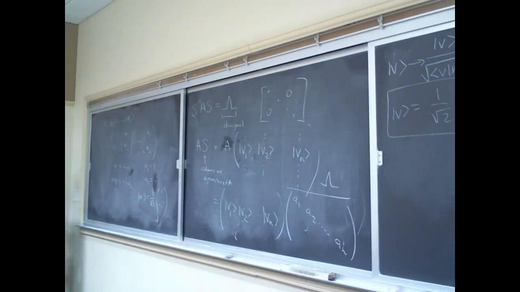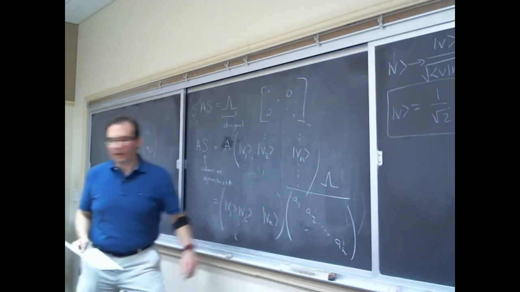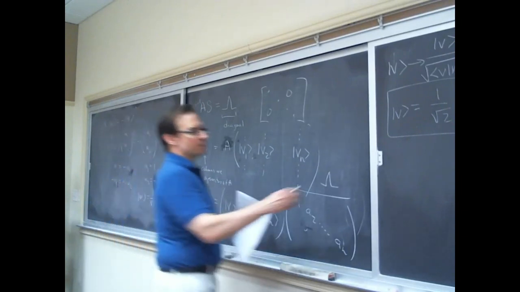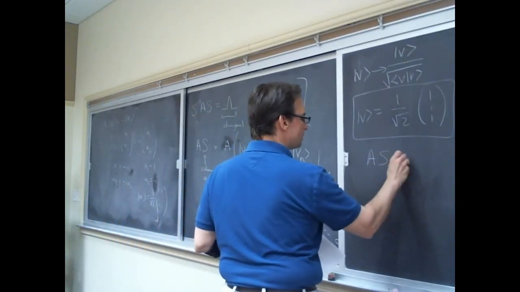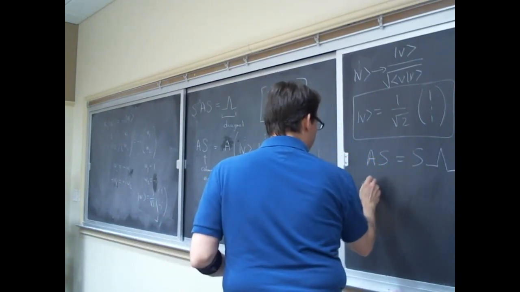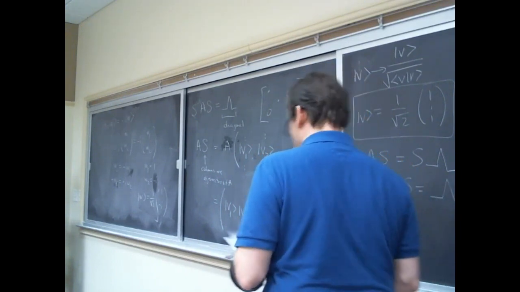So the eigenvalue, the feature that there are vectors in the space that when acted on by the operator simply return a number times the vector, allows you to find the matrix that, this is S, that returns a diagonal matrix when it acts upon A. All right, and so we found it: A S equals S lambda. And so finally, if we multiply both sides by the inverse of S, we get exactly what we were looking for.